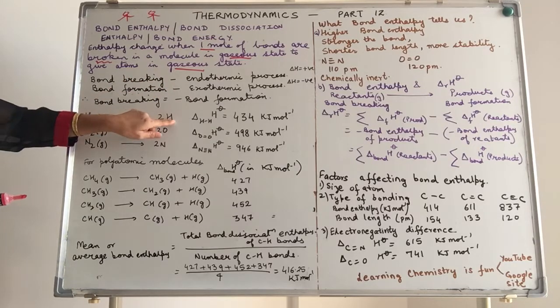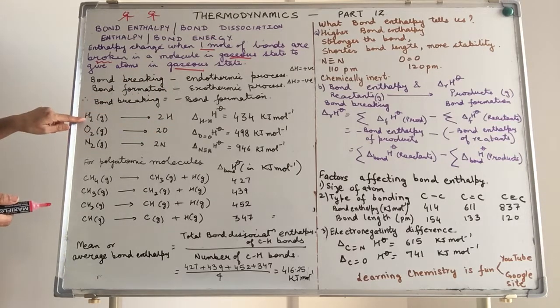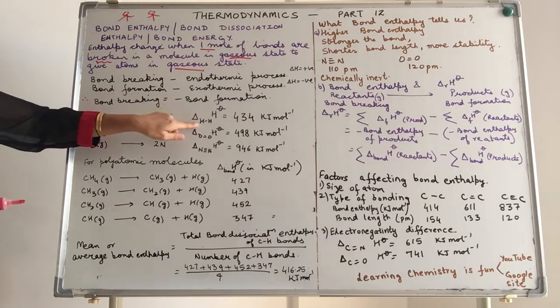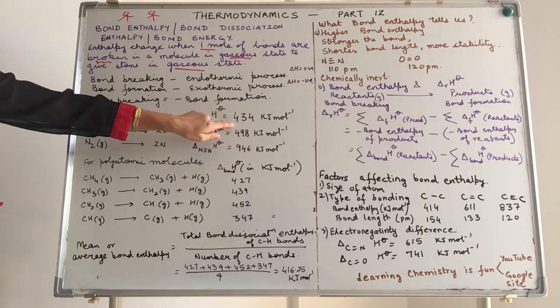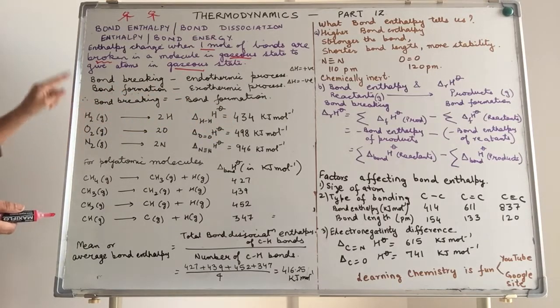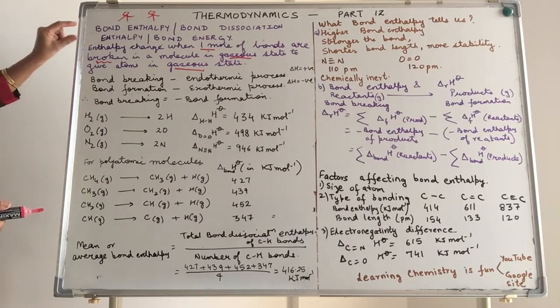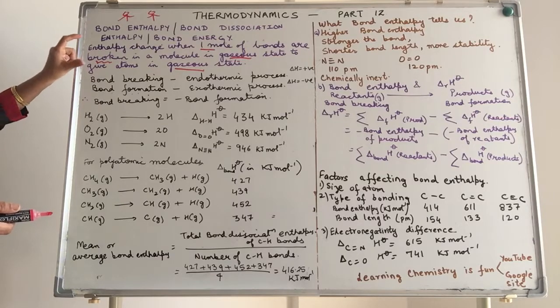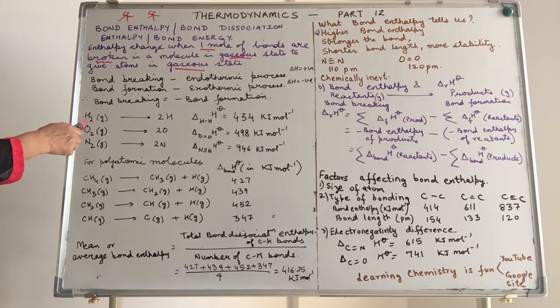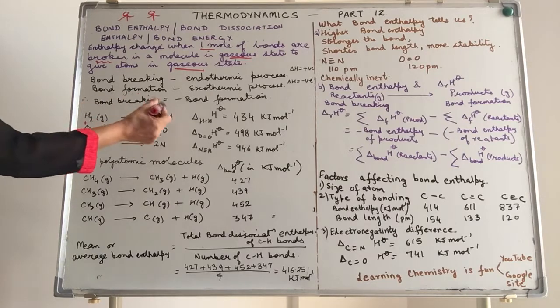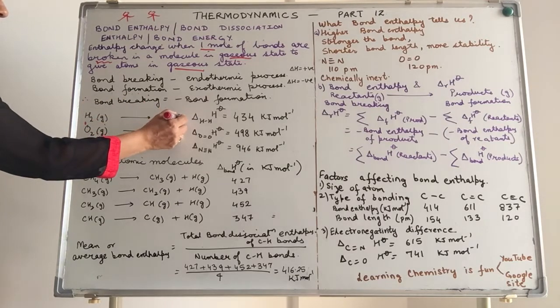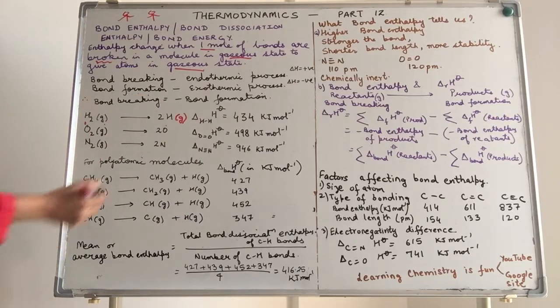So if I talk about two H atoms coming together to give me H2 gas, then the enthalpy change would simply be negative 434. Here in this whole lesson, I'm taking it as the bond dissociation process. So hydrogen, which is in the form of a gas, breaks down to give you two hydrogen atoms, again to be taken in the form of a gaseous molecule.